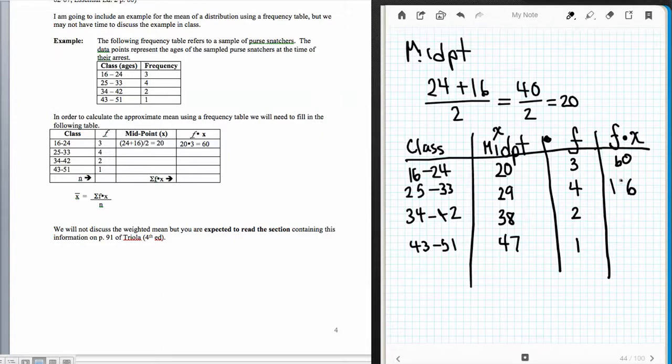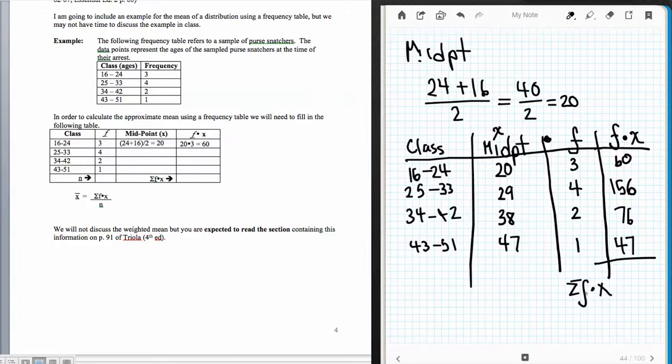156 for 29 times 4, and then 38 times 2, which gives us 76, and then 47 times 1, which gives us 47. Now the next thing that I need is to add all of these up, and that will be the sum of the f times x's.